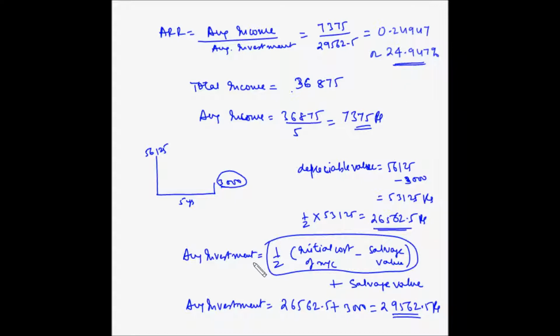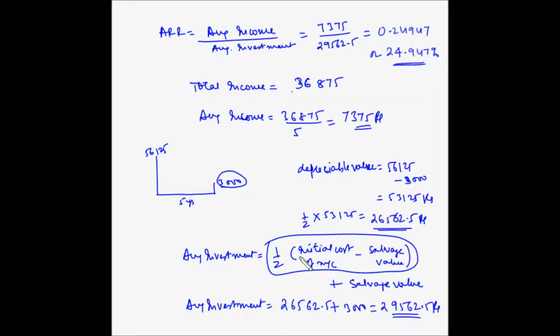Now, a lot of times you'll find that the average investment is written as half into initial cost of machine plus salvage value. Now, how is that achieved?